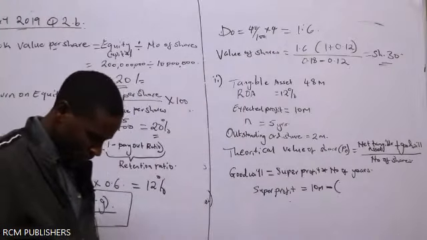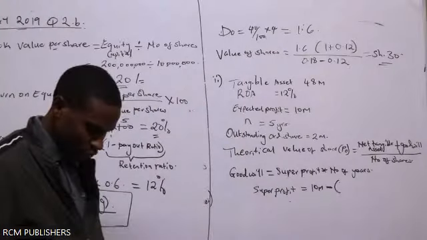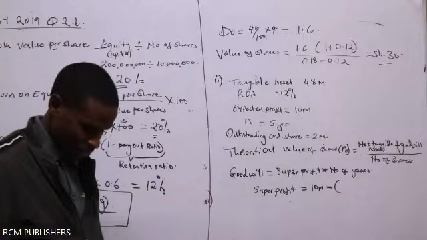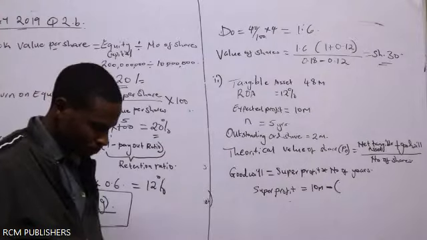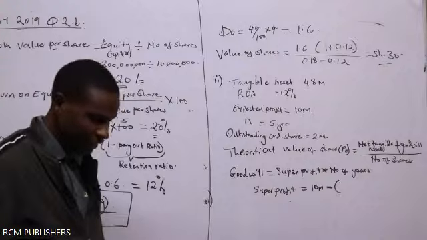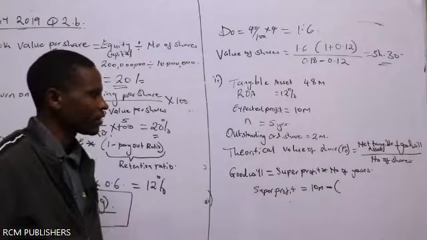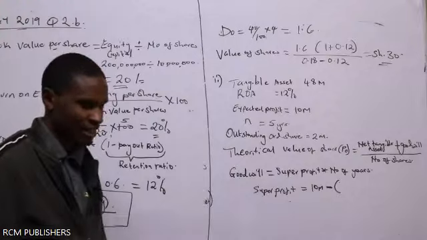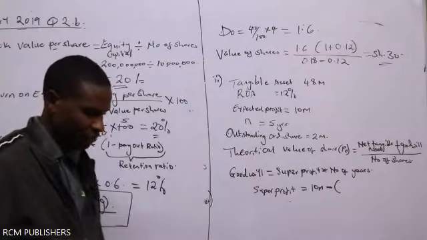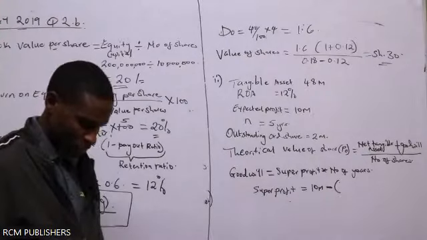It's 12%. Yes, we have a rate of 12%. This 12% will affect the 48 million, and the 48 is the tangible asset that we have in this company.